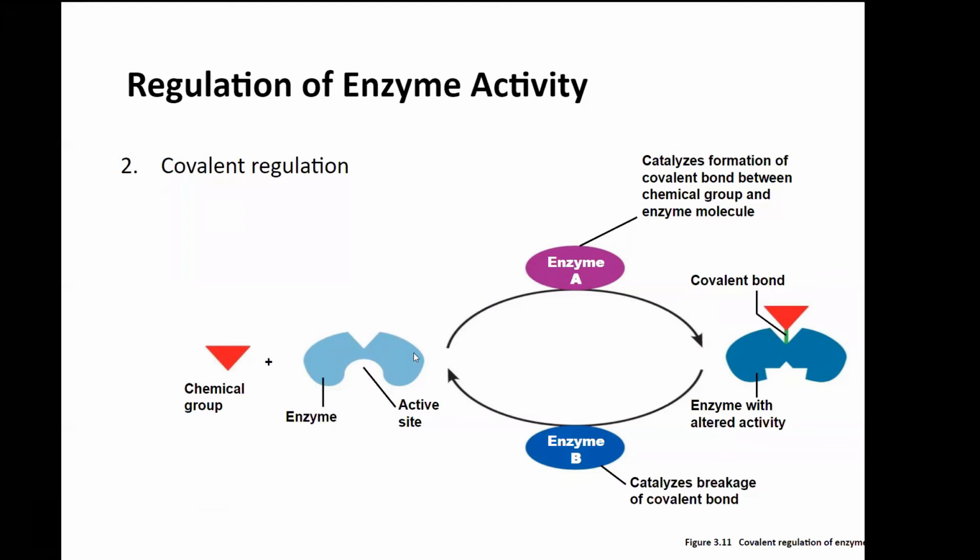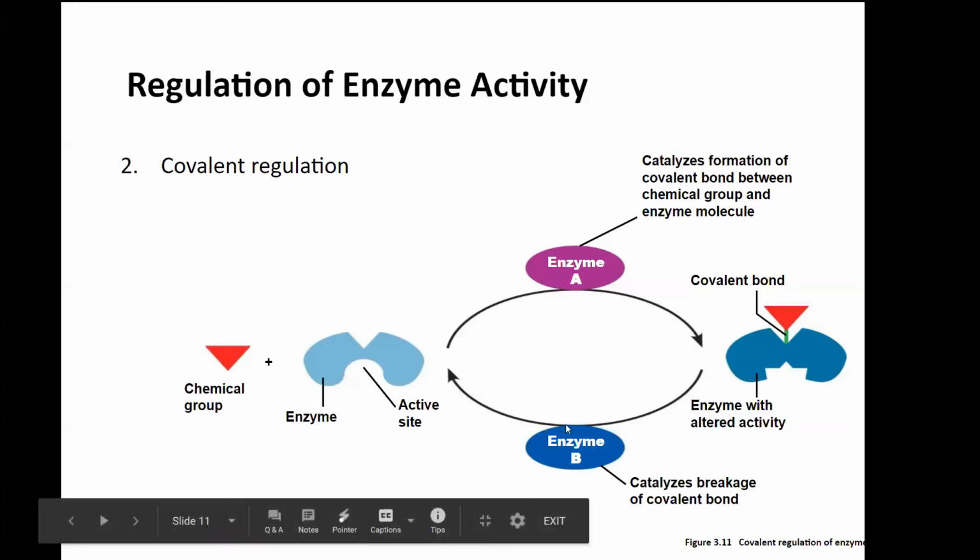The fact that it's covalently bonding into the enzyme means that it's almost becoming like a permanent part of the enzyme. So this is going to have a much longer term effect on that enzyme, because then we're going to need a secondary enzyme to either help that chemical group bind on or to help that chemical group pop off.